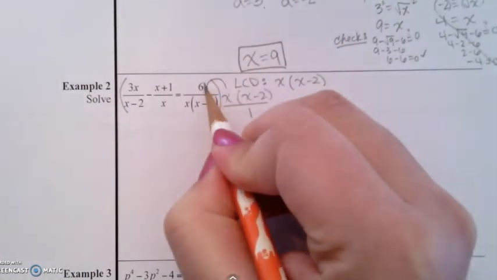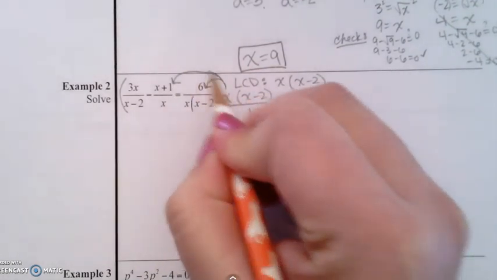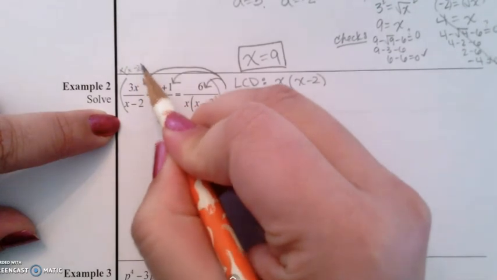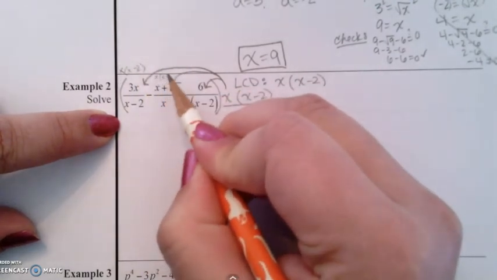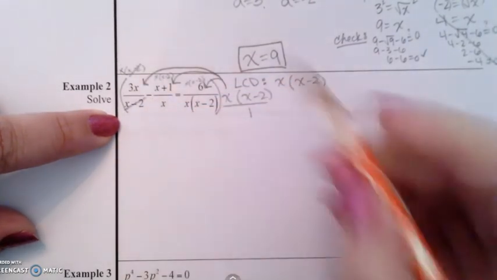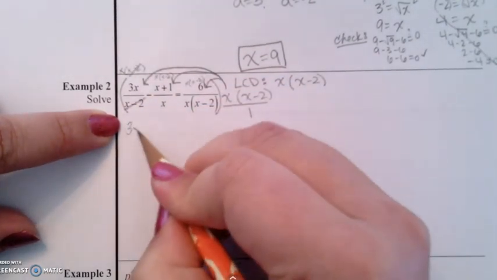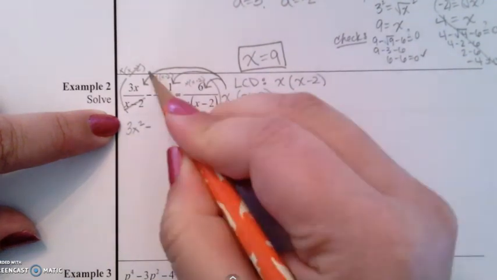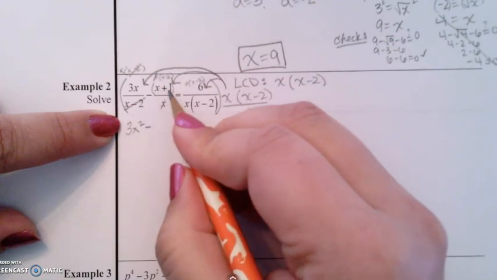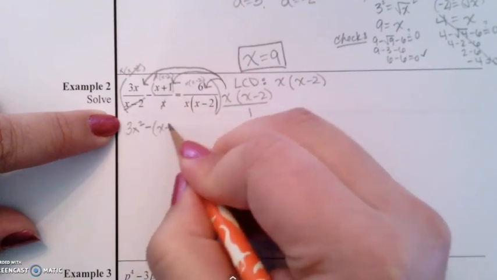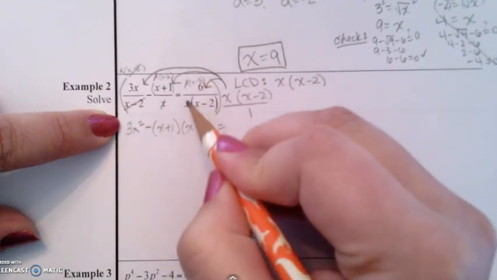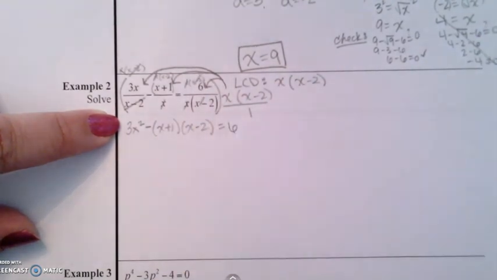So if I distribute that to each term, x times x minus 2, x times x minus 2, x times x minus 2, the x minus 2's cancel out, so we have 3x squared minus, x reduces, x plus 1 is in parentheses because it's a binomial, x plus 1 times the quantity of x minus 2 equals, and they both cancel, so just 6.